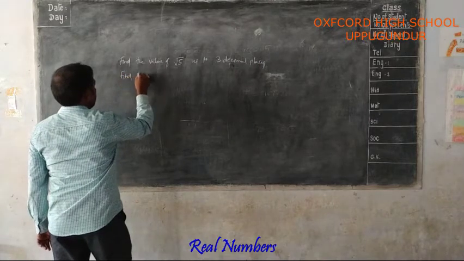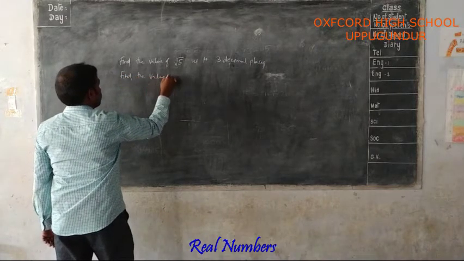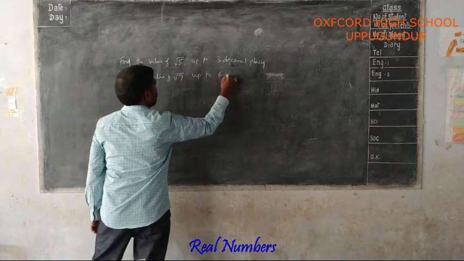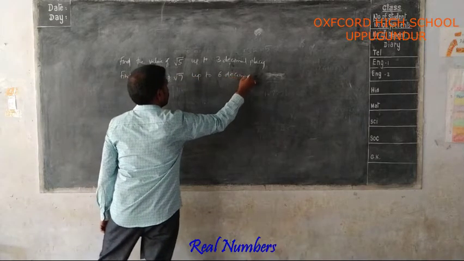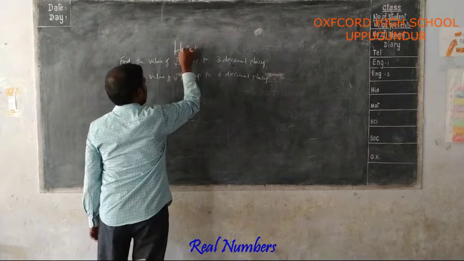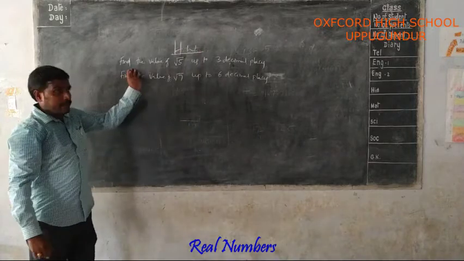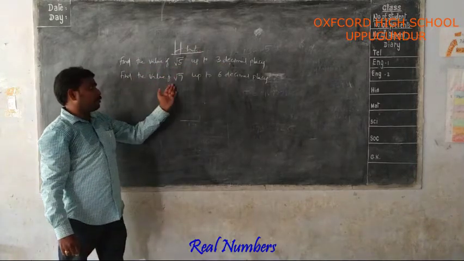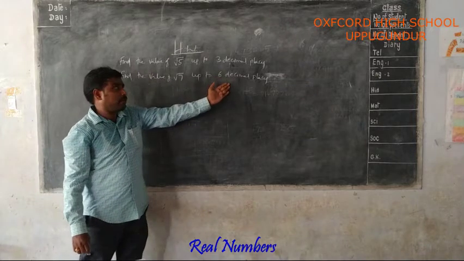Find the value of root 7 up to 6 decimal places. This is the homework. Find the value of root 5 up to 3 decimal places. Find the value of root 7 up to 6 decimal places.